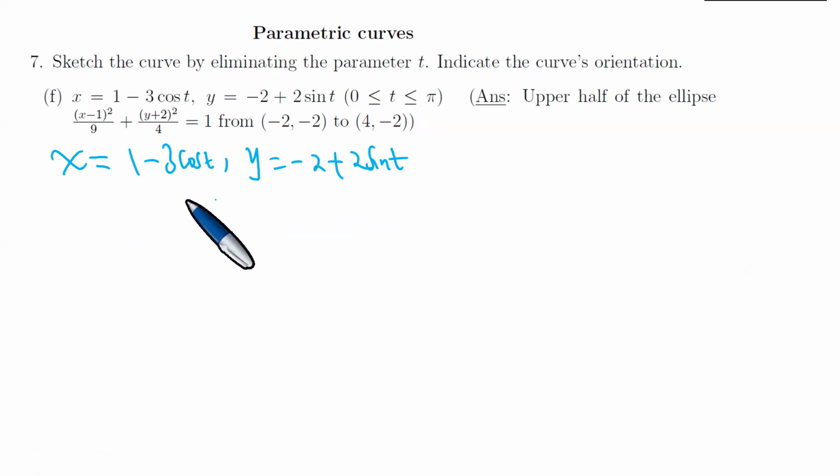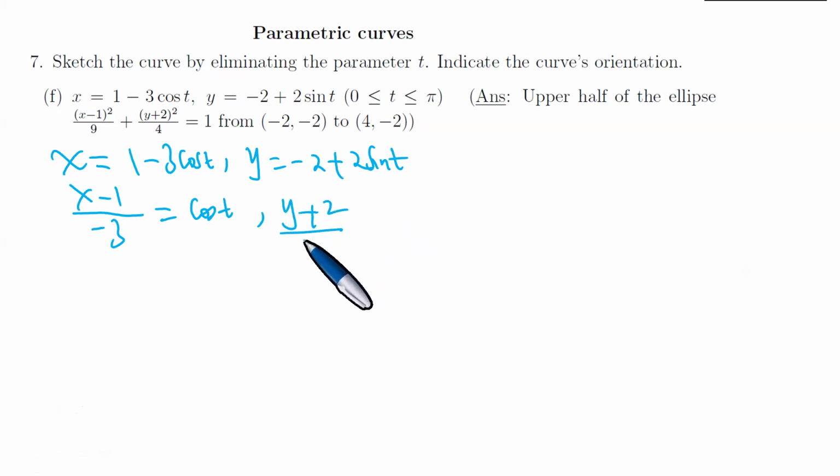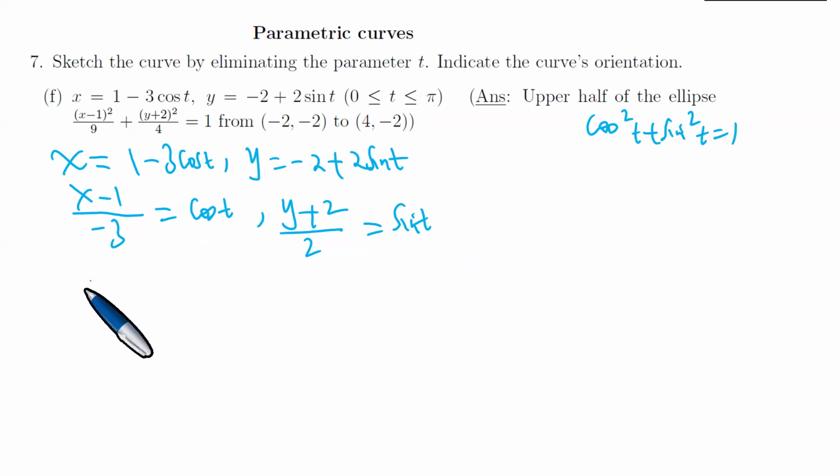Then you need to have x minus 1 divided by negative 3 is cosine t. Y plus 2 you divide by 2, it is sine t, and then you square everything because you want to get cosine squared plus sine squared, because you know very well that cosine squared t plus sine squared t is already 1. So here you divide by negative 3, and then you square it.